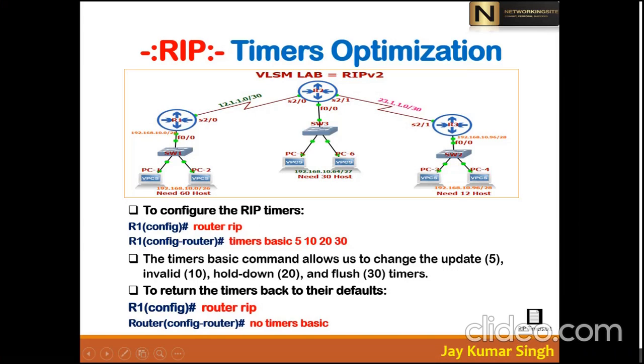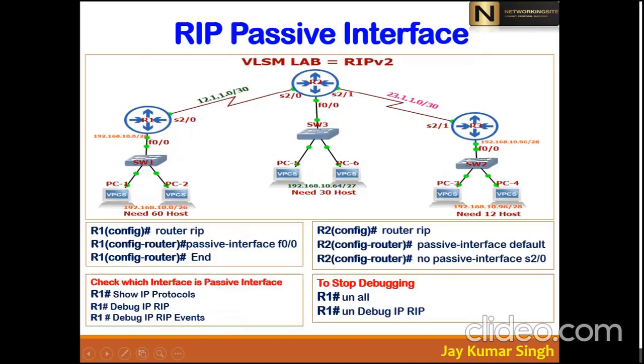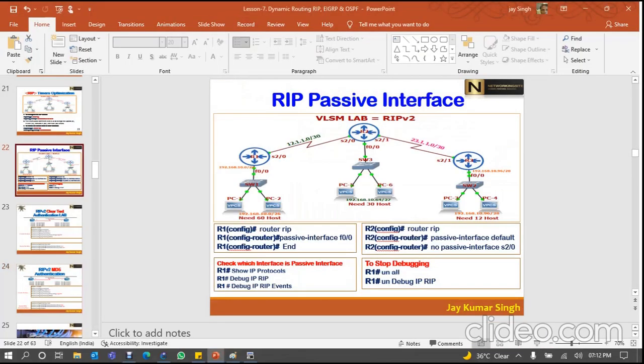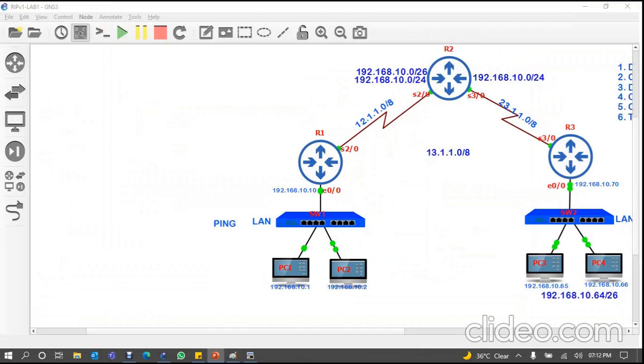As we have completed the RIP timers, now we are moving to RIP passive interface. Now what is RIP passive interface? First let me show you something, then you will come to know about it.